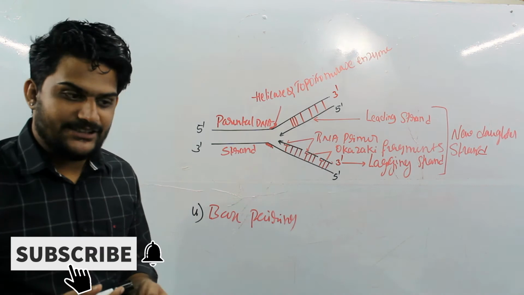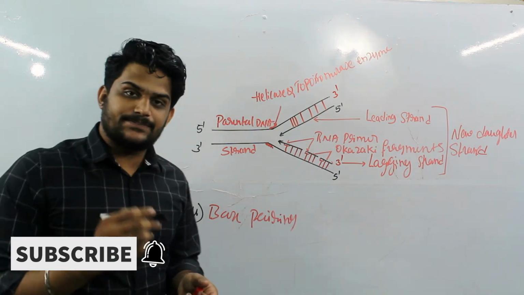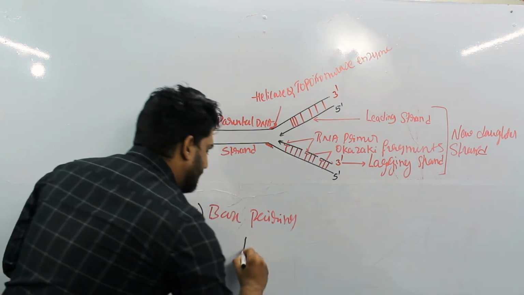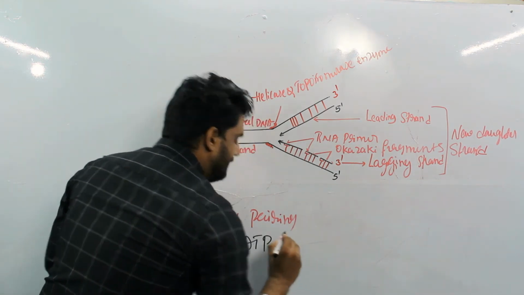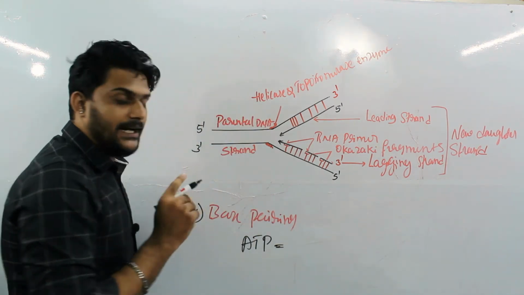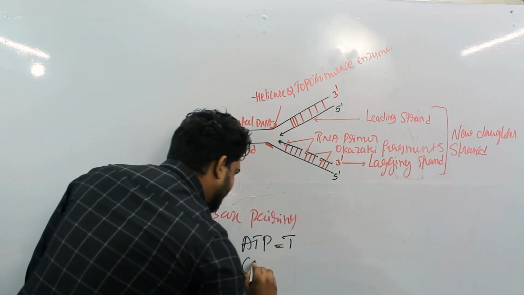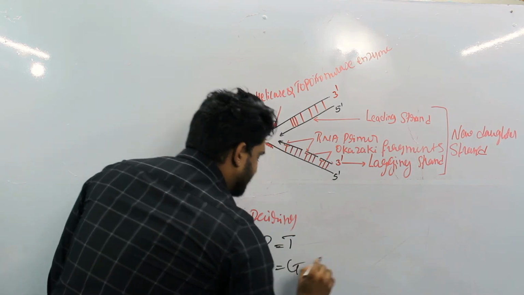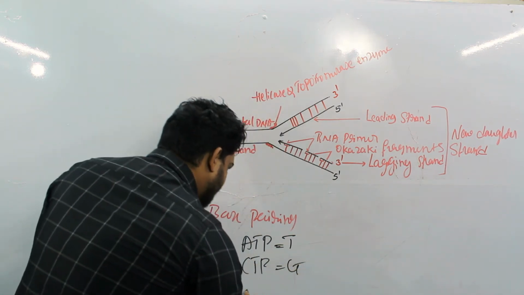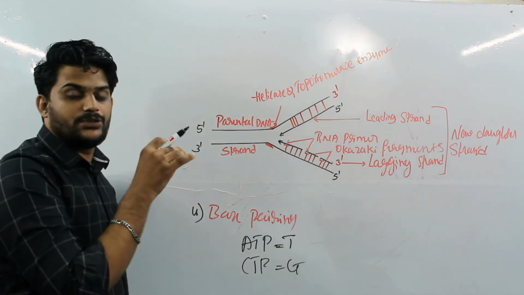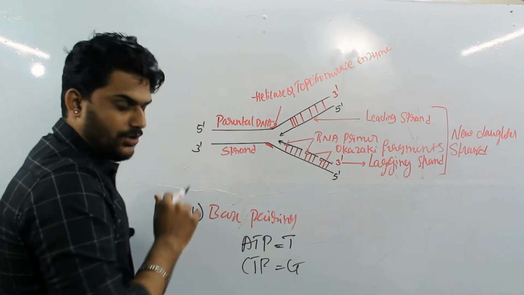That means the binding takes place like this. If ATP is there, it will attract and bind thymidine. If it is a CTP, guanosine G is going to come, and only G will bind to the particular daughter strand.